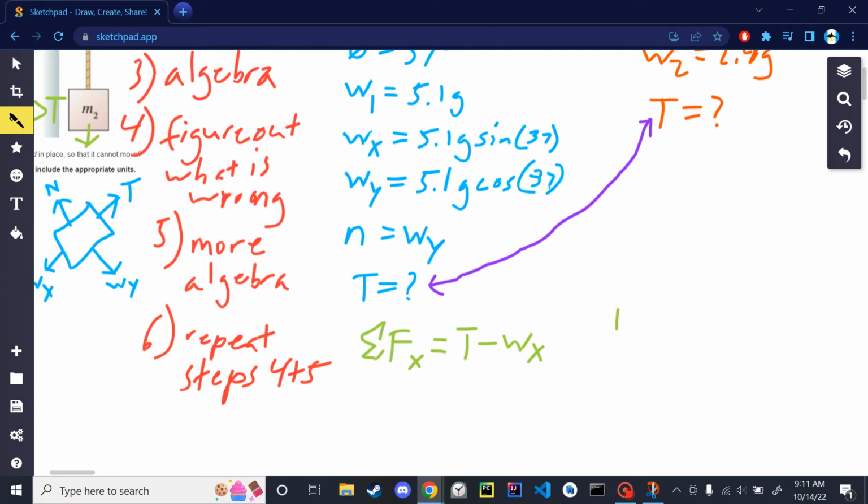And the sum of forces in this x direction at m2 is equal to W minus tension.